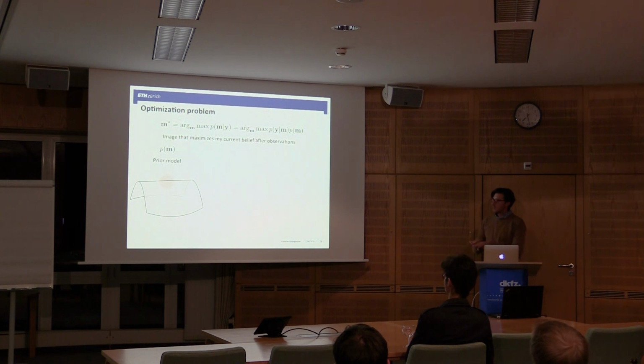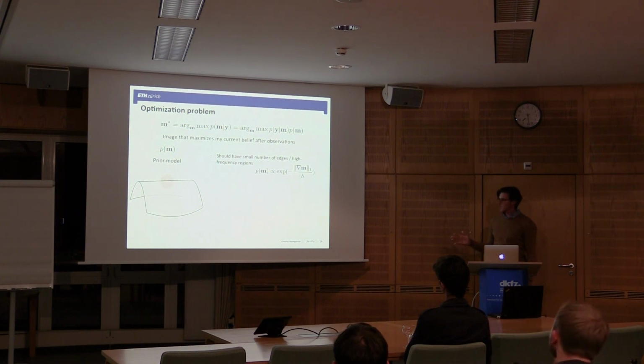The other thing we have is a prior model, which gives us the sort of manifold of all possible MRI images, P of M. And really what we want is the intersection of the two. So we want an image that's consistent with our K-space data, that's also on the manifold of realistic MRI images.